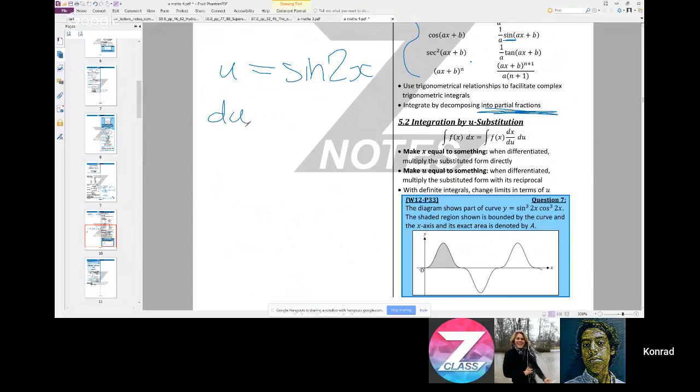So we get du by dx is equal to, and in this case, what's the answer?